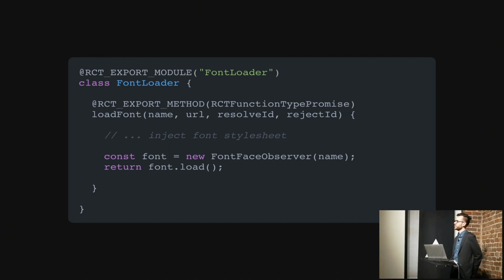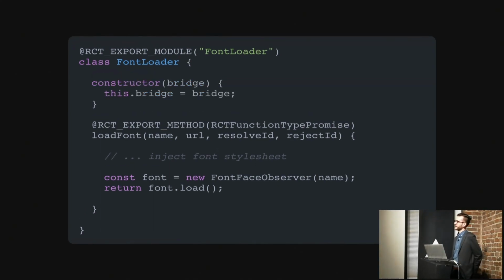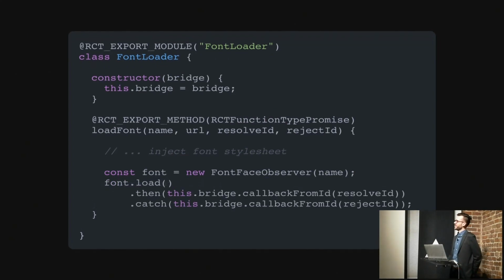So unfortunately, you needed to do it manually. And so you need access to the bridge, and luckily these modules are constructed with the bridge as an argument so that you have a reference. And then you could call then and get the callbacks from the IDs. And that was a bit much, especially for the promises.